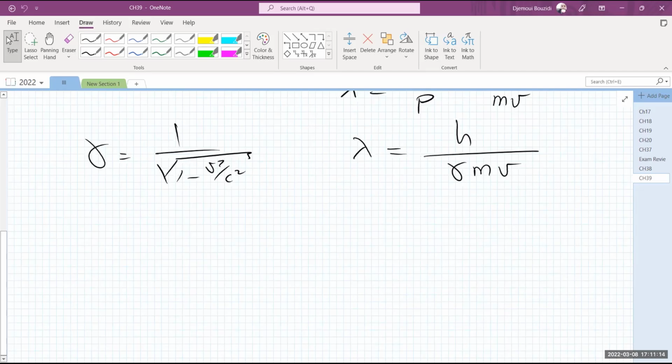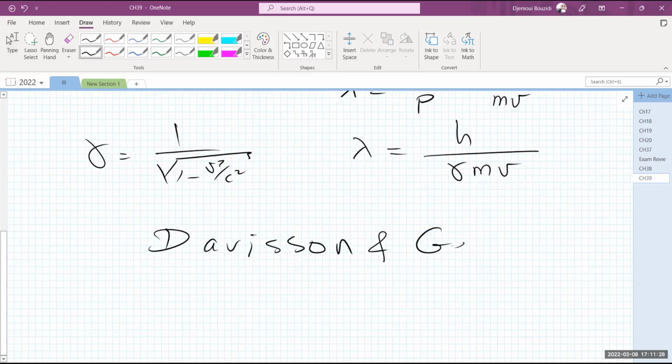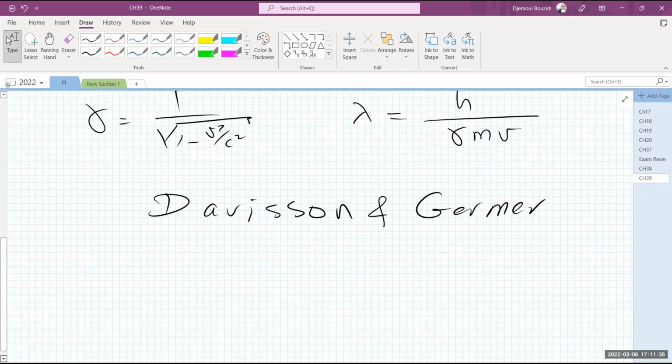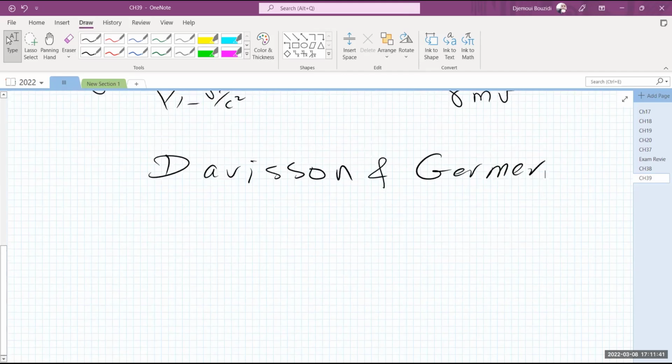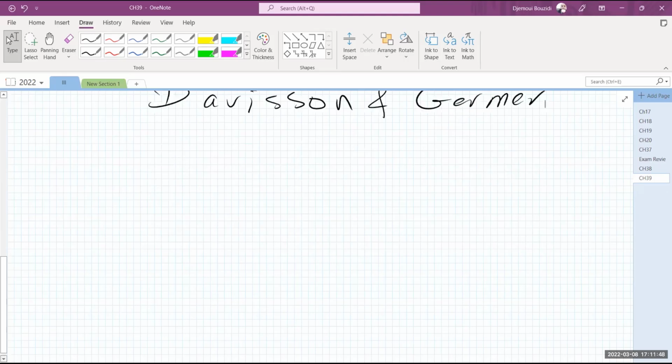In 1927, two people, Davisson and Germer, okay? Germer is German, so usually the G sounds like a G. They were working on an experiment that basically involves sending a beam of electrons, which are particles.